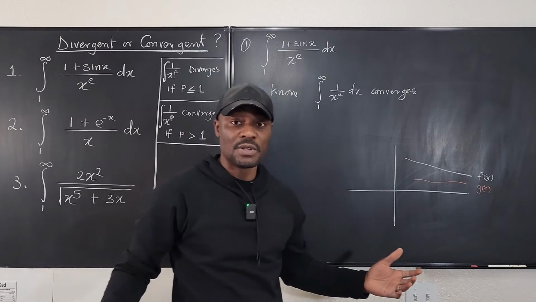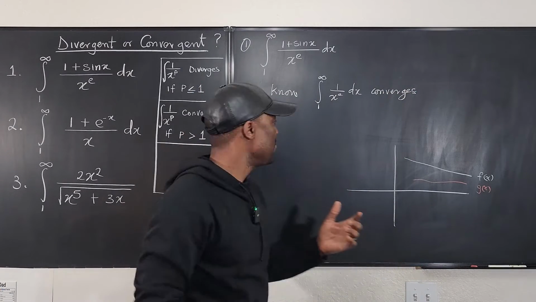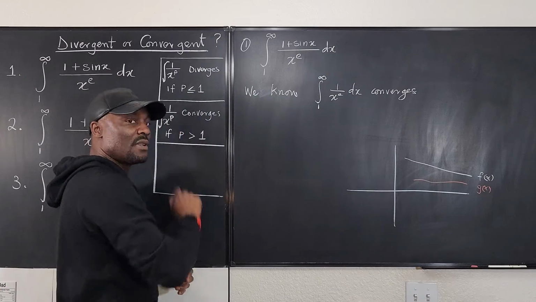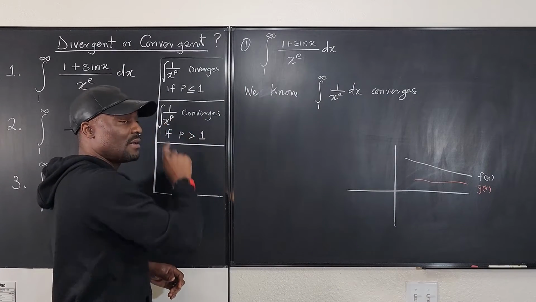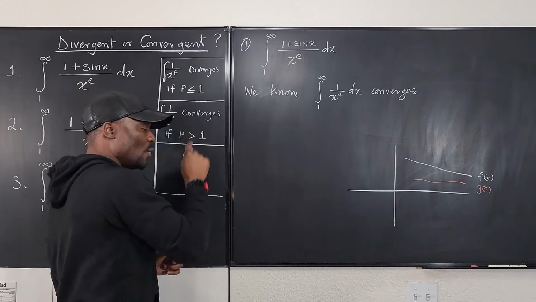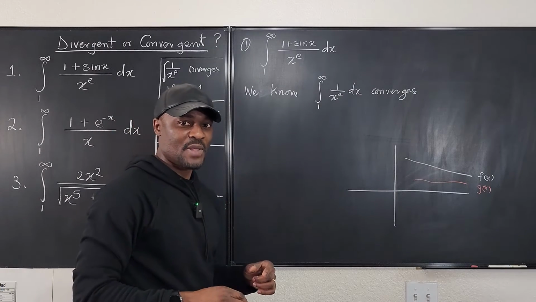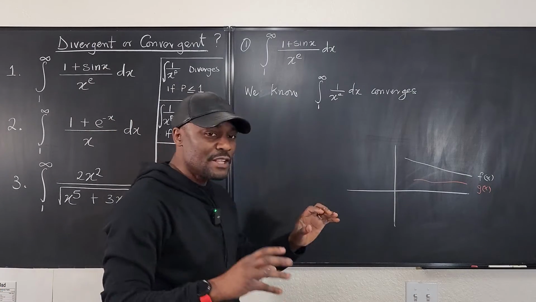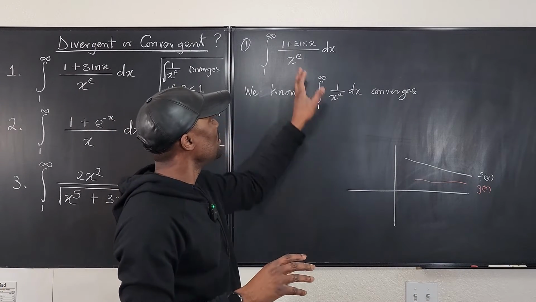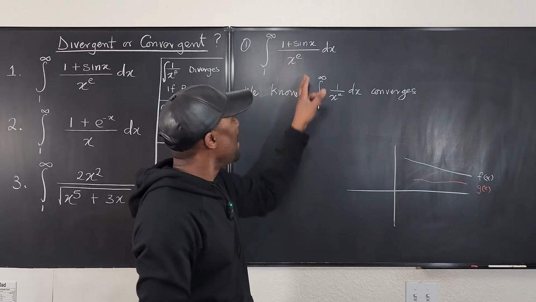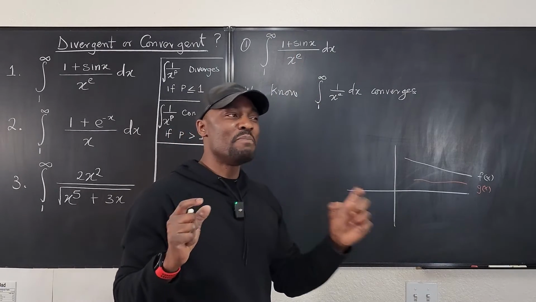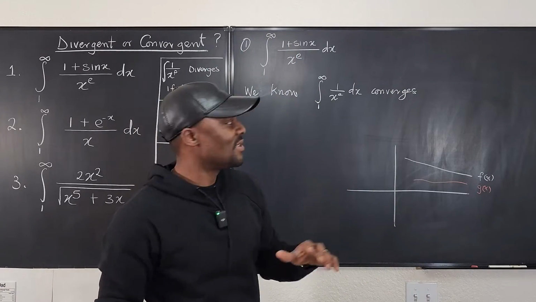We know it converges. How do we know it converges? Because of this property that I wrote, that when p is greater than 1, it will converge. Okay? Now, we want it to be as close as possible to what we have here, but how do we do it? Let's do what you call a mini squeeze theorem.